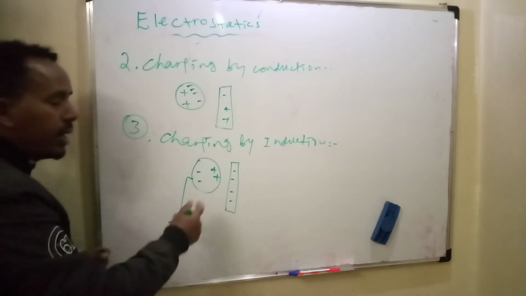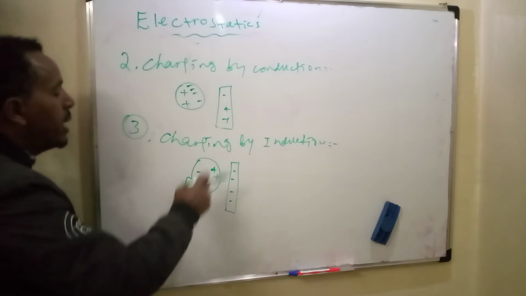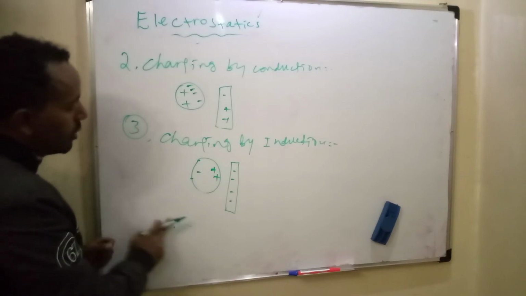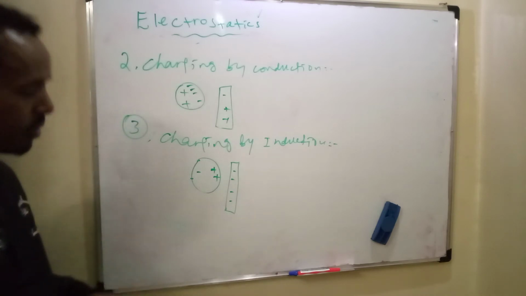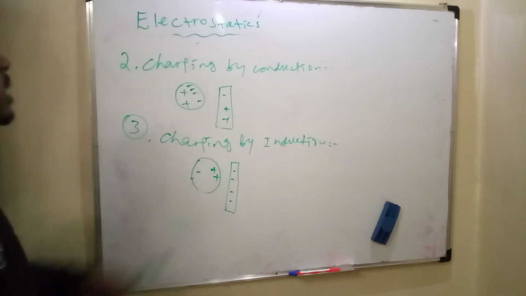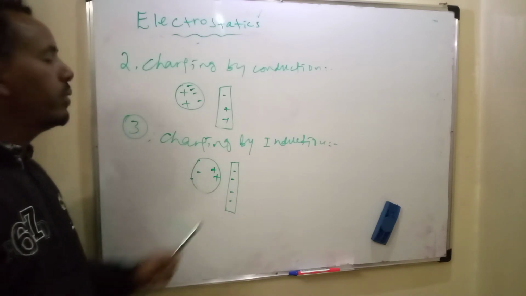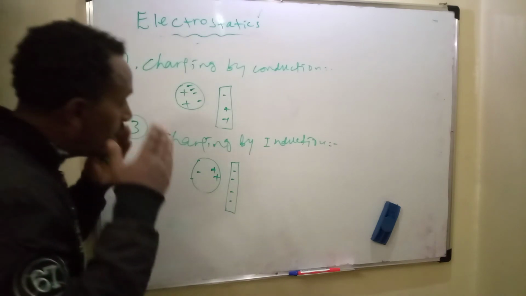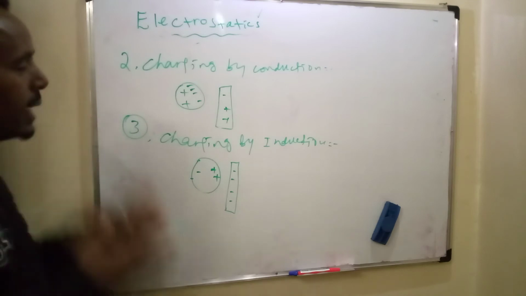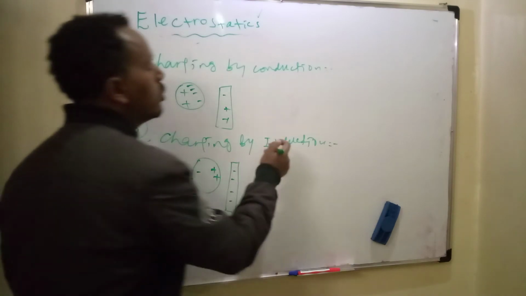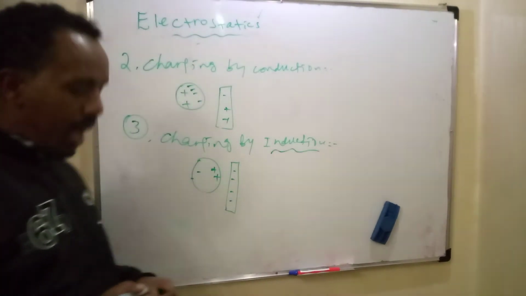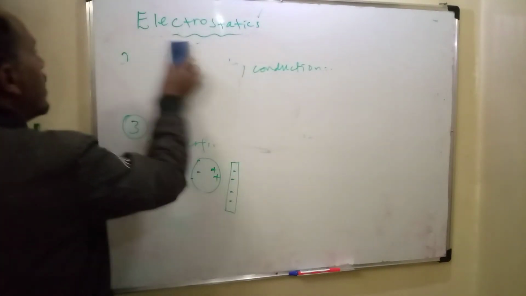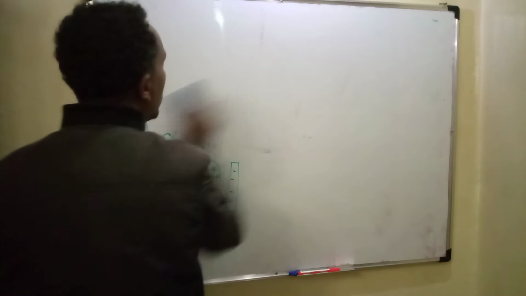Some electrons are lost from the sphere and we disconnect after the electrons have escaped. Now, the sphere becomes positively charged. This process, approaching without touching, is charging by induction. The next point is Coulomb's law.